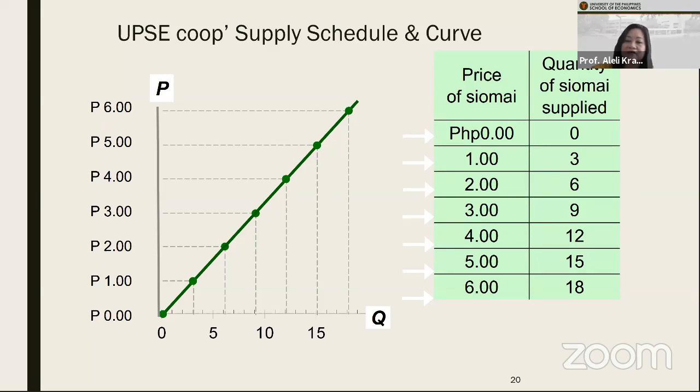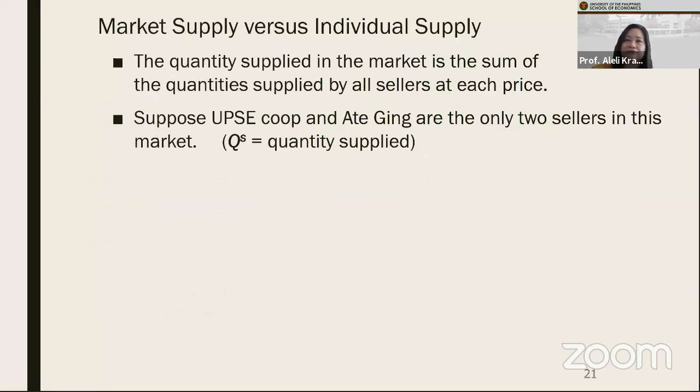Again, we distinguish an individual firm's supply from the market supply. The market supply is the sum of the quantity supplied by all sellers at each price. Suppose now that we have two sellers. While a perfectly competitive market would have many sellers, we're just assuming for simplicity that we have two.